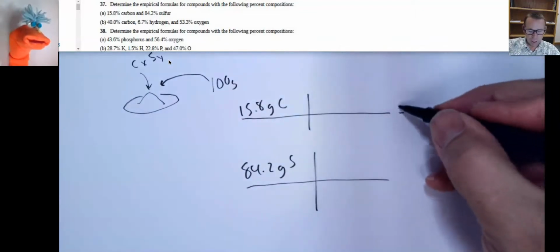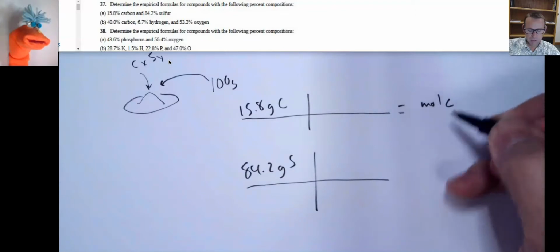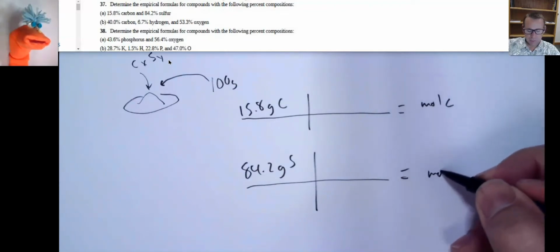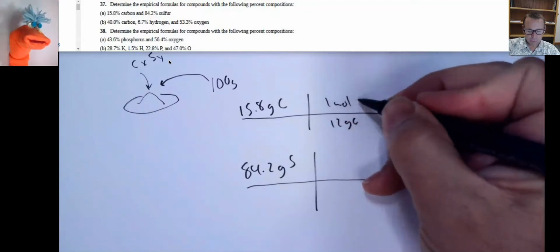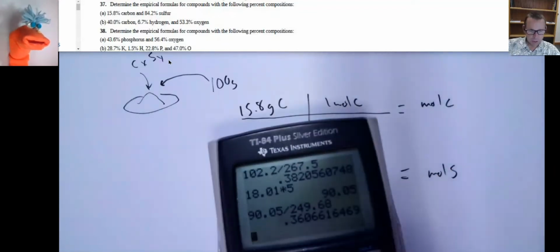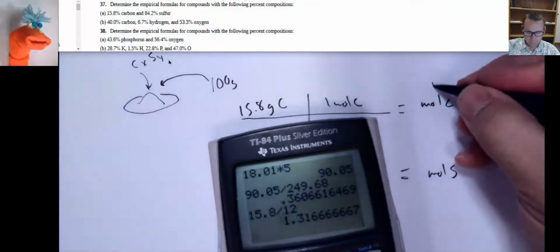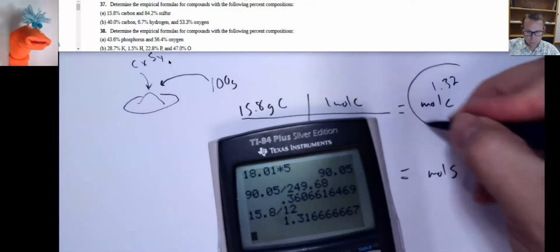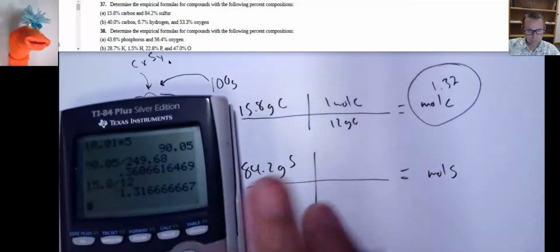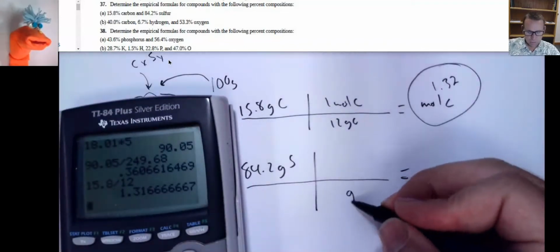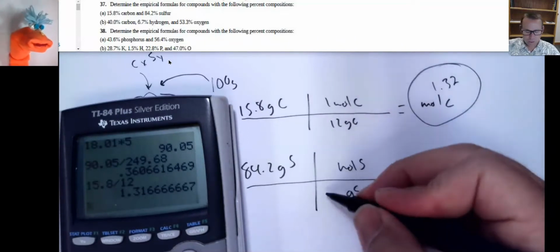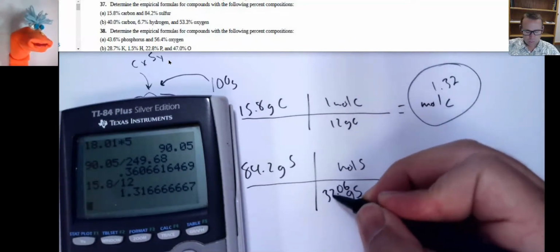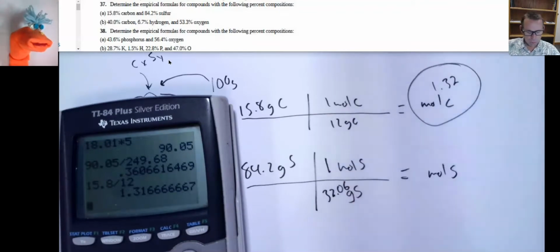And I can go from grams of carbon to moles of carbon, and from grams of sulfur to moles of sulfur, right? Because there's 12 grams of carbon for every 1 mole of carbon. So 15.8 divided by 12 tells me that I have 1.32 moles of carbon there. 84.2 grams of sulfur to moles of sulfur, that's 32.06 for every mole.